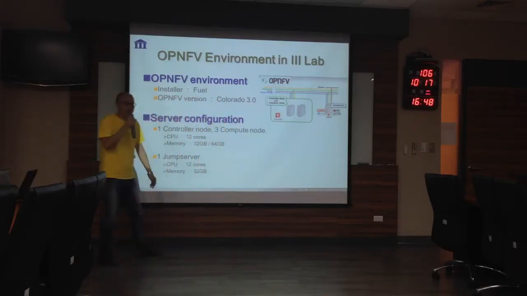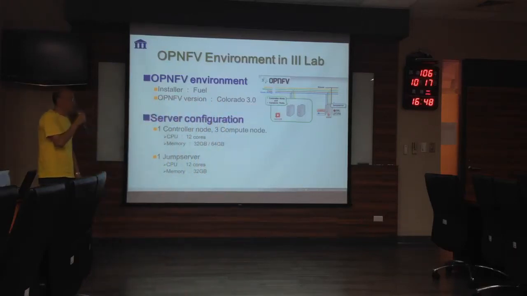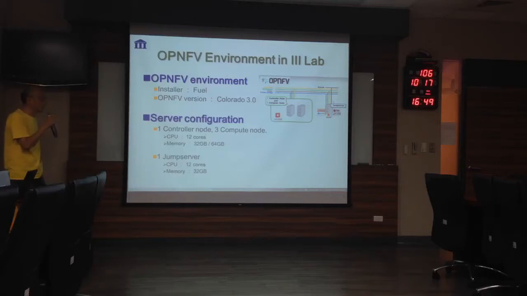In the beginning, we only had one control node and one compute node, but some test cases were not successful, so we increased the hardware to more server nodes. In the future, we will upgrade to the new version.